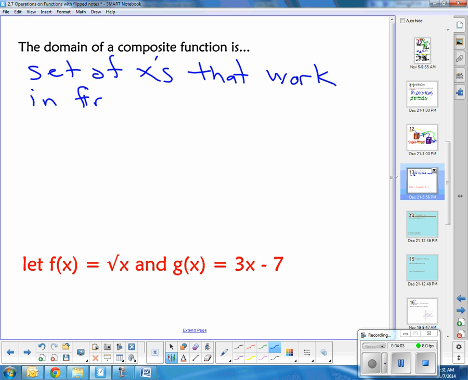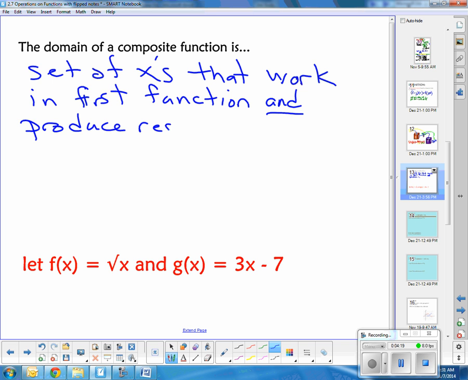It depends on which function it is, whether it's f open circle g or g open circle f, but they work in the first function. And the second part of this: and produce results in the second function. Now this isn't a very formal mathematical way of saying it, but it's a start.